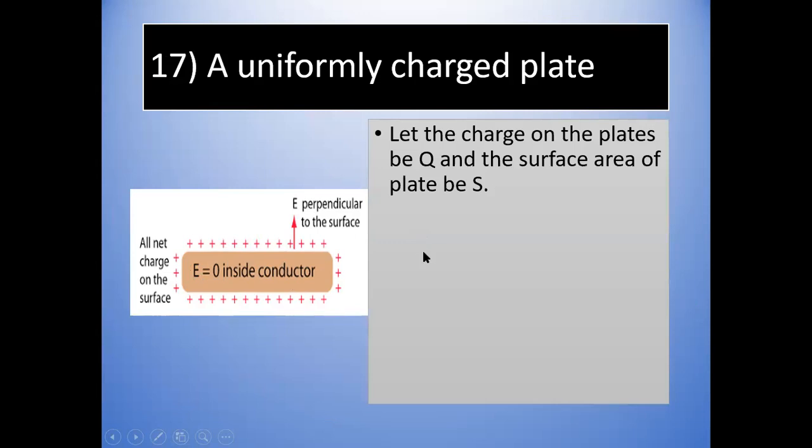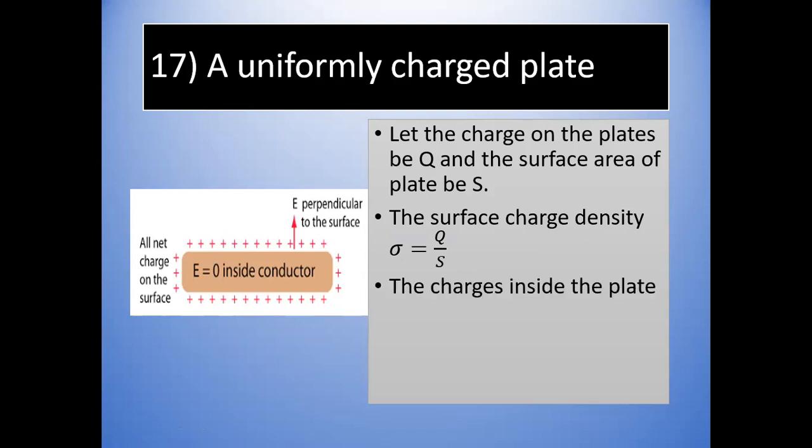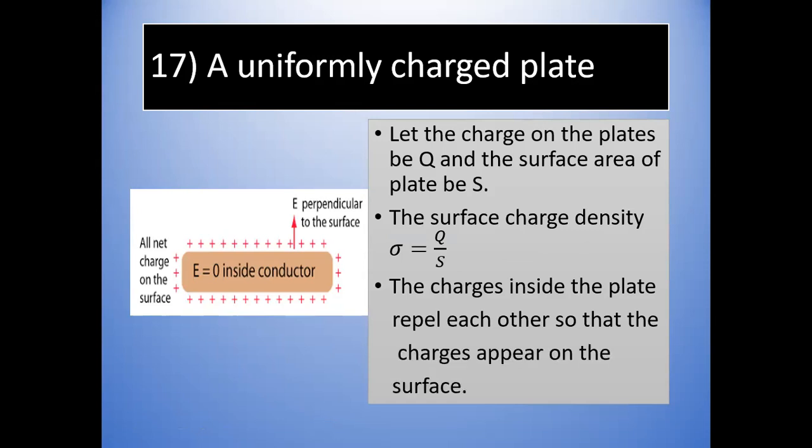So let the total charge be Q and the surface area be S. So we introduce another term, surface charge density. It's Q over S. S is the surface area, Q is the total charge on the surface. As I said, they repel each other, so they will appear on the surface.